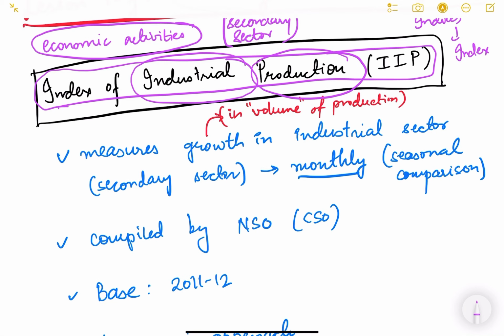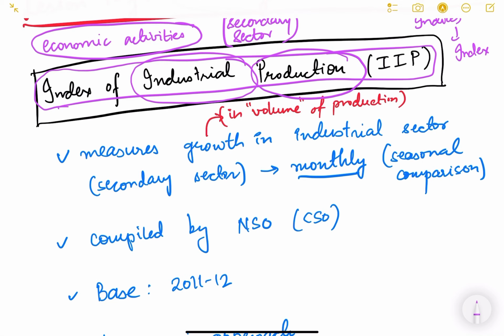This is different from core inflation. Core inflation is different from core industries. Core inflation does not mean inflation in core industries, so don't confuse this. Core industries mean industries which are essential for the economy, very basic industries.